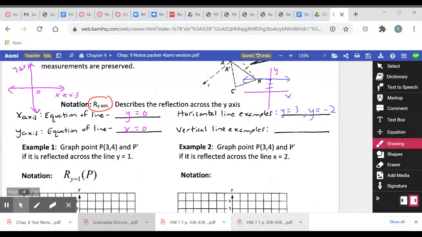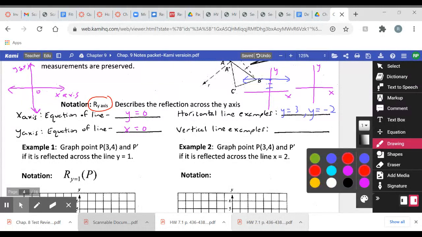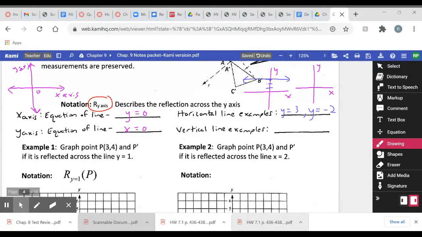One more I wanted to show you. I have another coordinate plane, this one in red. If I say the line x is equal to 2, then that is referring to the line that goes through the x-axis at 2, and that means it is a vertical line.